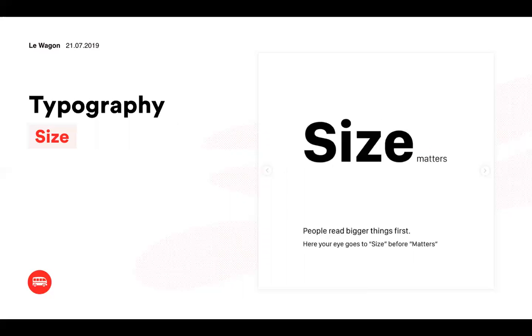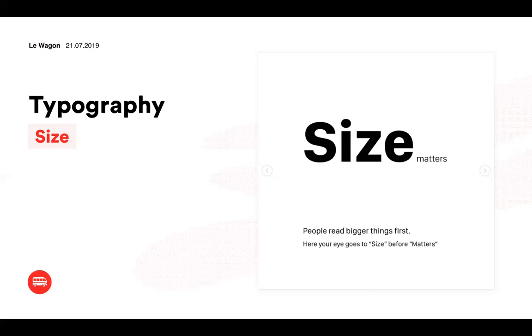Another very important attribute of font is the size, of course. Size matters. People will always read the bigger things first, always. That's why it's not a coincidence that when you get to a landing page the first time, you will see the value proposition with a way bigger font than all the rest, because this website, this business, or this product has a fraction of time, like a split second, to capture our attention.